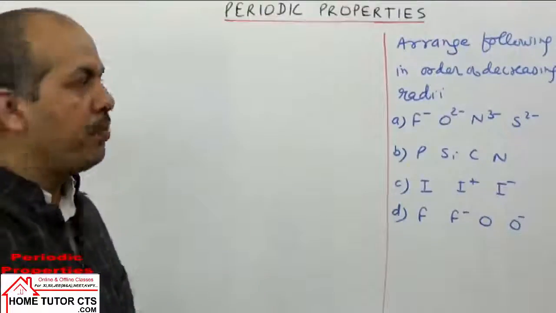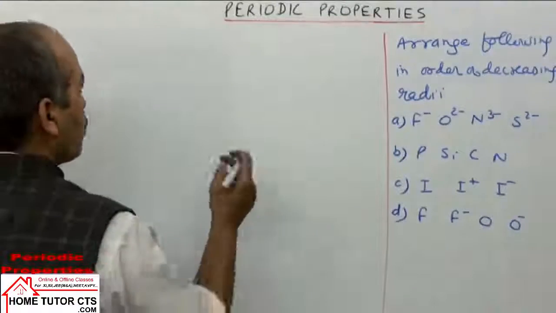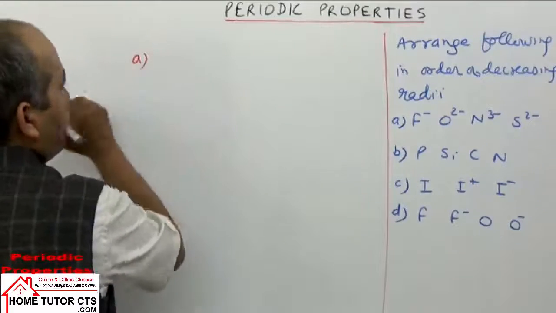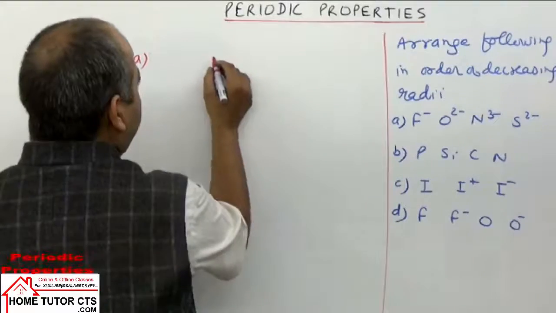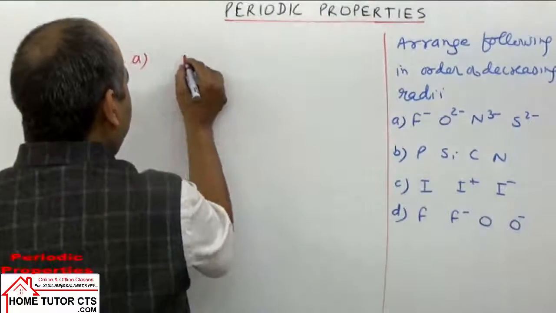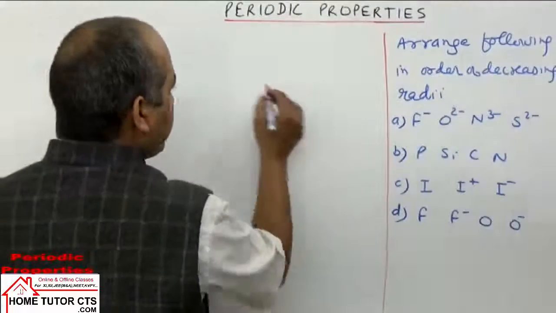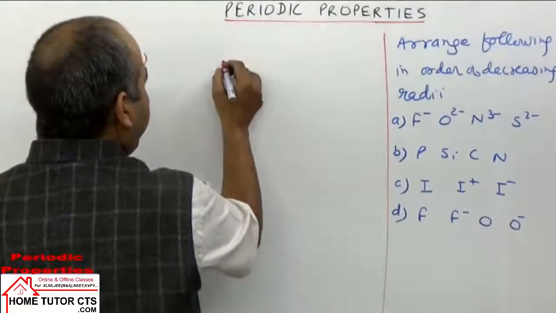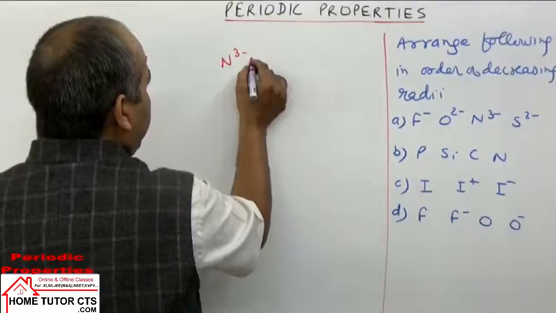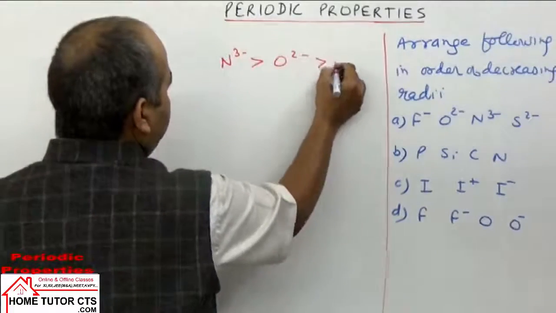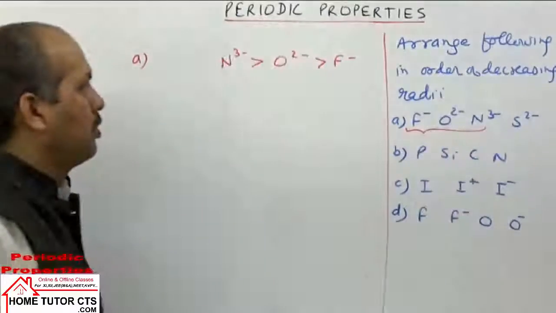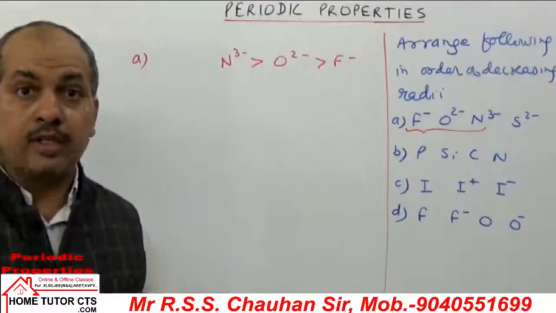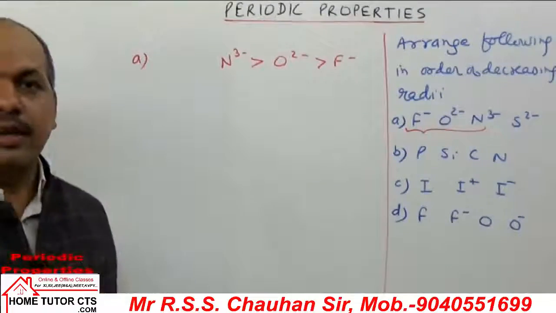Now coming to the solution part of this question. To solve this question, take bit A. If you compare the F negative ion, N3 negative ion is bigger than oxide ion, which is bigger than F negative. Why? Because they are isoelectronic species, but they have less number of shells.